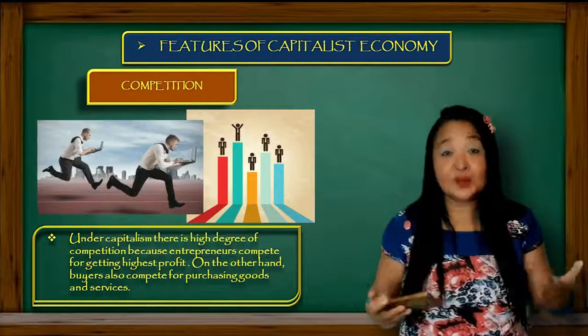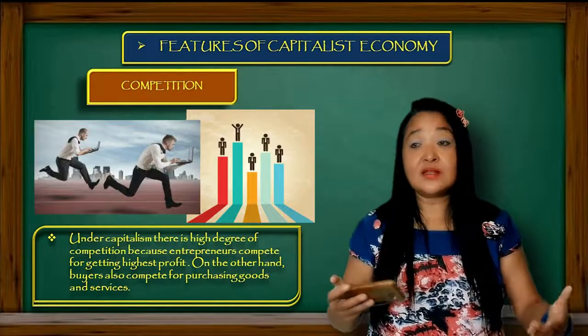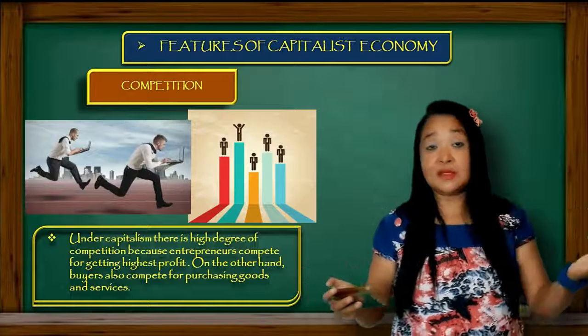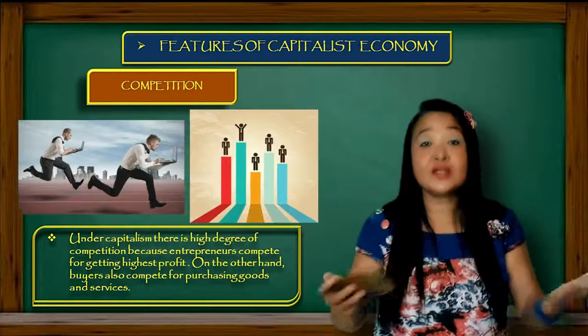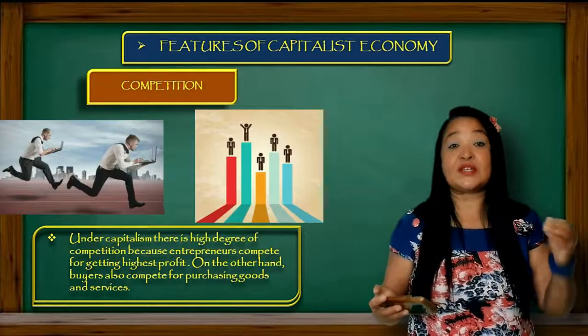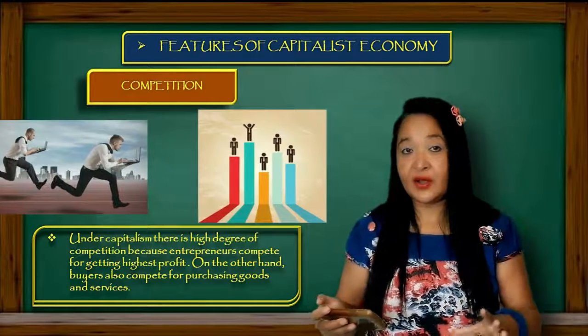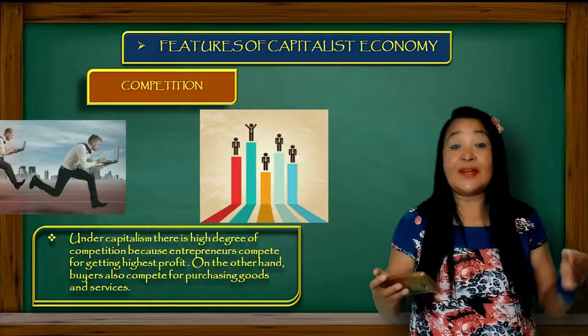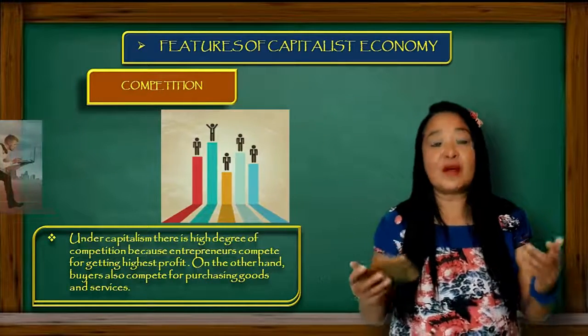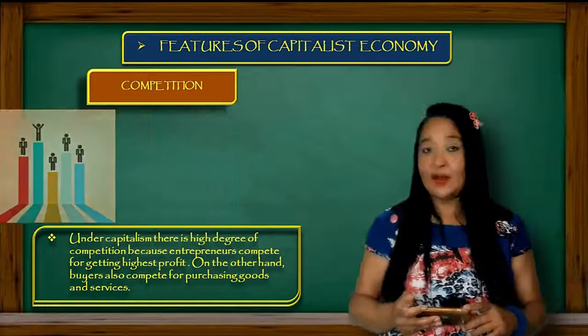Likewise, even consumers compete among themselves to get the best of the best goods. Not only customers and producers, even the workers compete among themselves to do a particular job or a particular work. So competition is the main essence, a very important feature or part of the capitalistic economy, right?